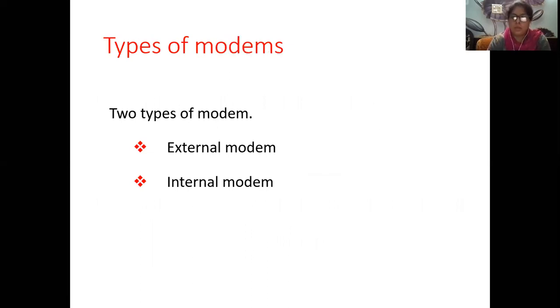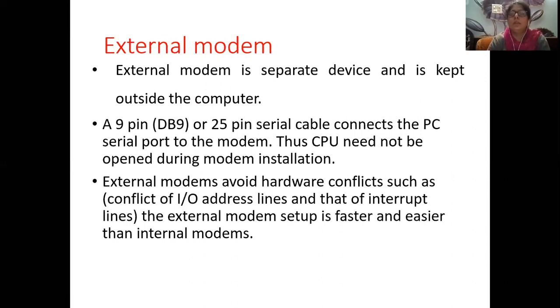Now we have two types of modems which are basically used: external modems and internal modems. Now let us see what is the difference between these two types of modems. First is external modem.